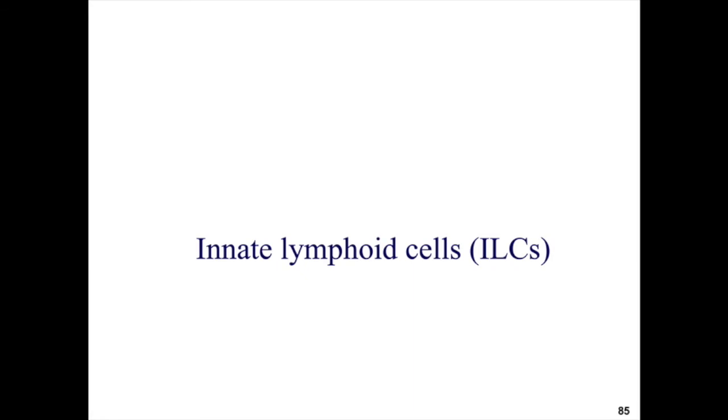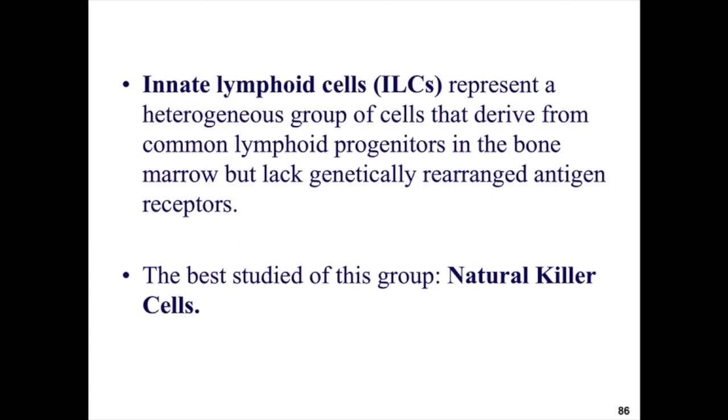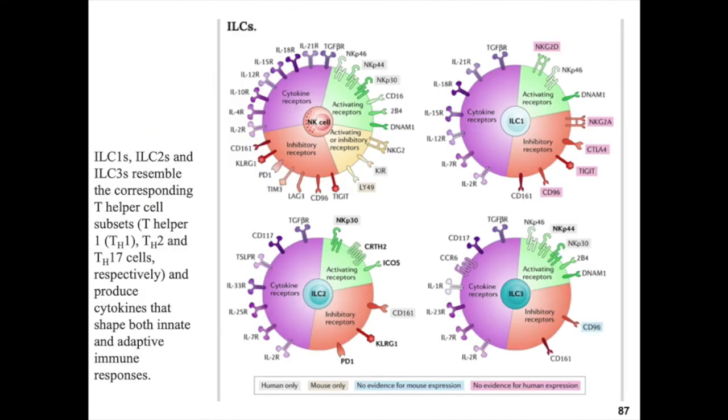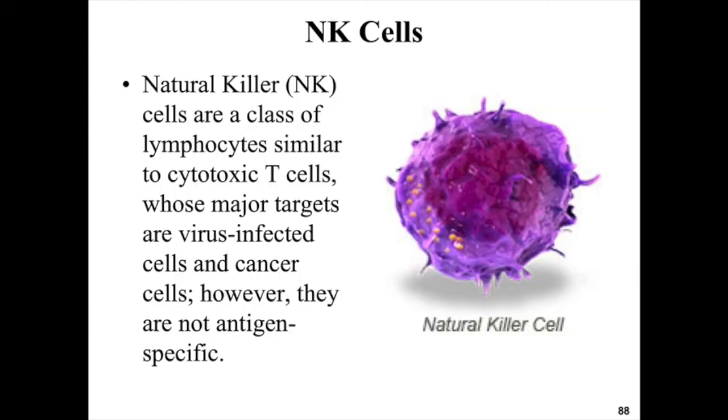When you come back, before we go into clinical correlations, I want to talk about innate lymphoid cells. Innate lymphoid cells are lymphoid cells that do not respond to antigens. The best known of those are the natural killer cells. This is just an image to show you what these innate lymphoid cells are, but what I want to show you is about the natural killer cells.